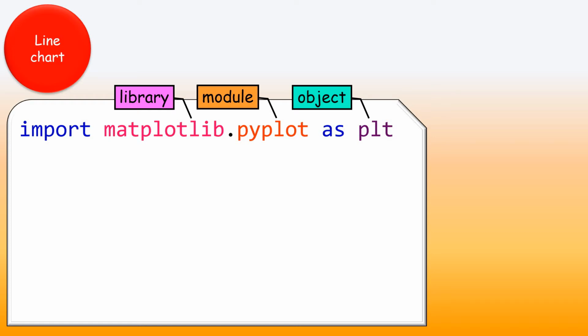Here I have used the spelling plt as the name of the object. You can use any object name you want, any x or y or a or b. It doesn't matter. Actually, this object plt serves as an alias for this lengthy name matplotlib.pyplot.